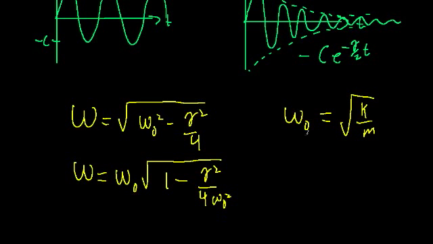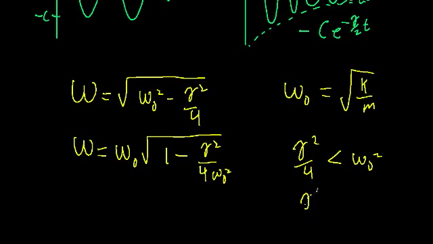And since we know from the condition of our underdamped case that gamma squared over 4 is less than omega naught squared, or you can think of it as gamma squared is less than 4 omega naught squared, we know that this is going to be a positive fraction, which means when we have 1 minus this positive fraction, we're going to get something that's less than 1.